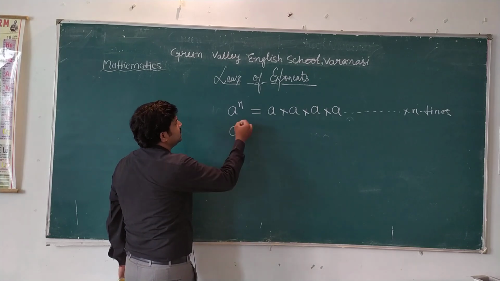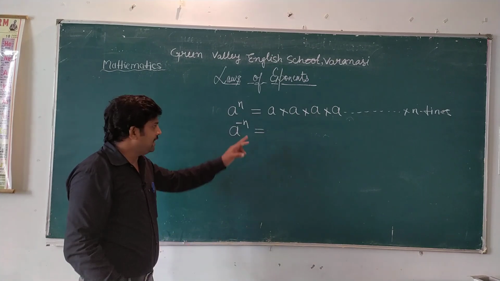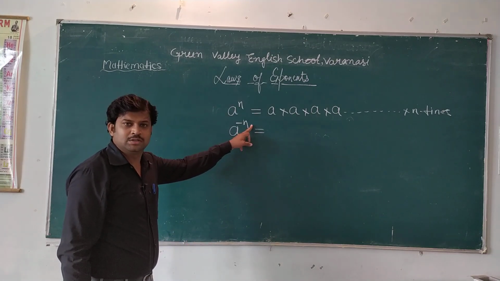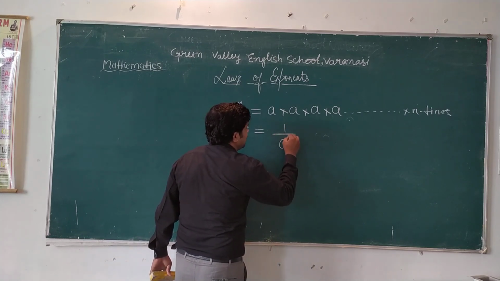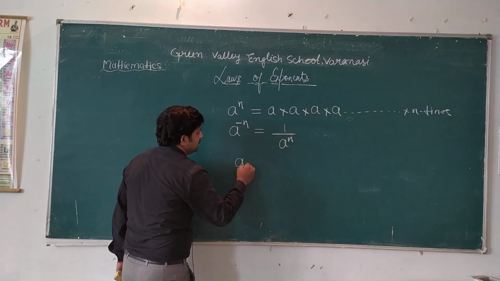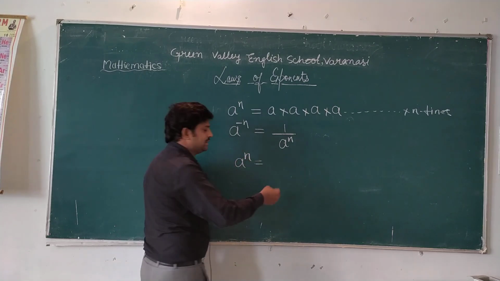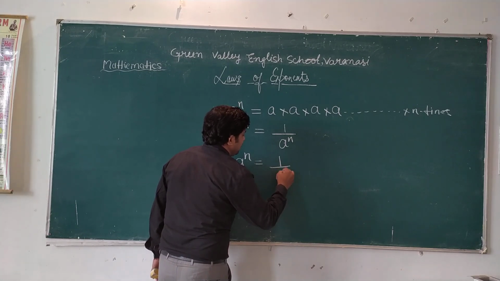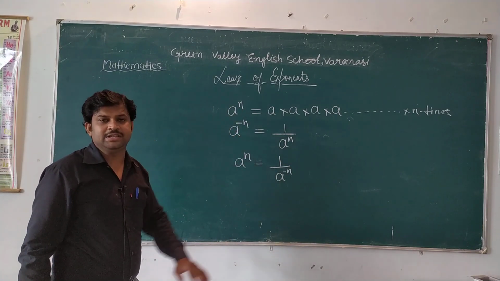When we write a to the power minus n, it means 1 upon a to the power n. And a to the power n is equal to 1 upon a to the power minus n. Here a is an integer.